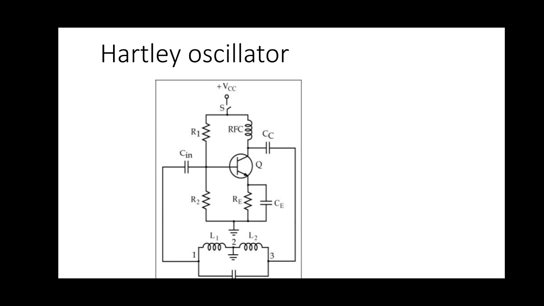In the Hartley oscillator, the tank circuit consists of two inductors L1 and L2. The inductors are connected in series, and the capacitor is connected in parallel with them.